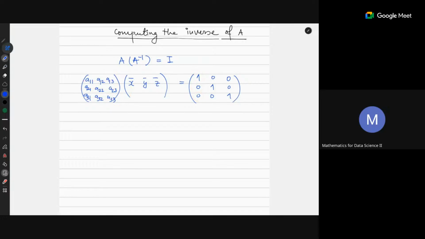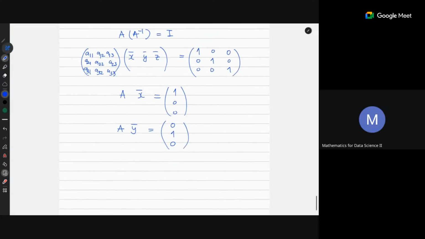So you can think of this as a system of equations: A times x bar is equal to this column. Similarly, A times y bar is equal to the second column. Similarly, A times z bar is equal to the third column. All right, so you will get this system of equations.